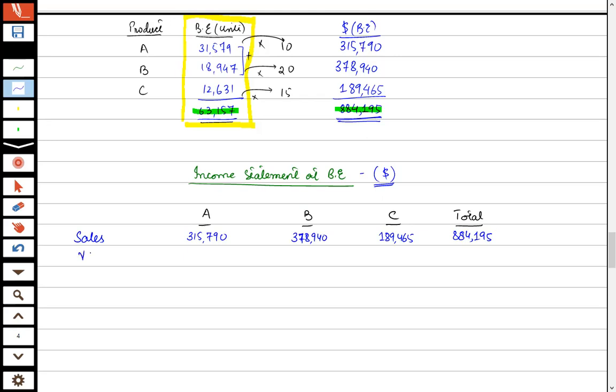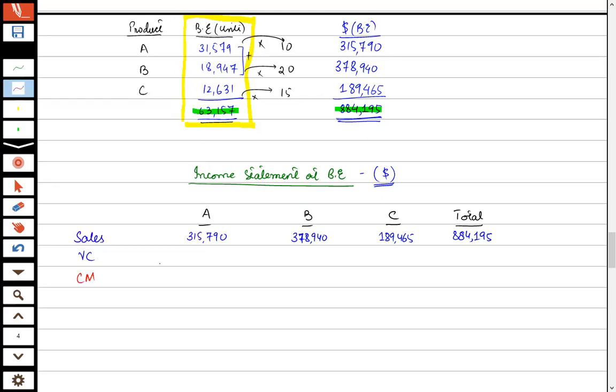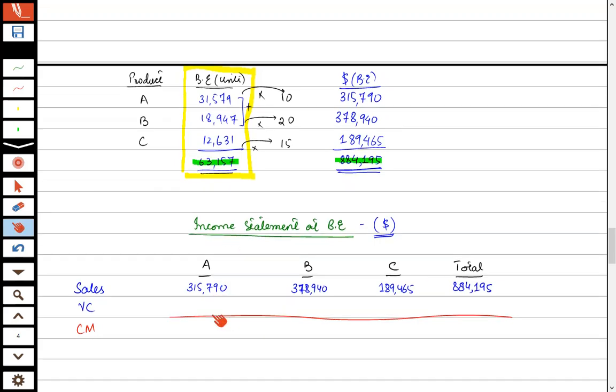Now we have to calculate variable cost and resultantly their CM. Can we calculate it? Yes. How? We have the variable cost per unit, right?